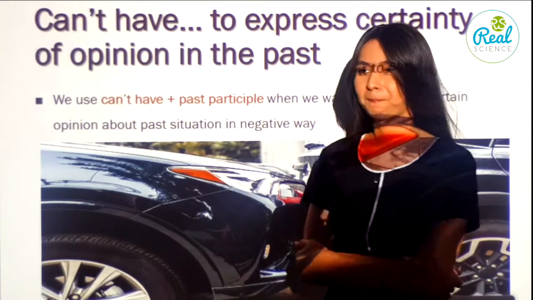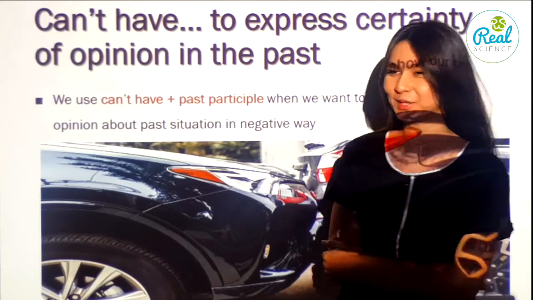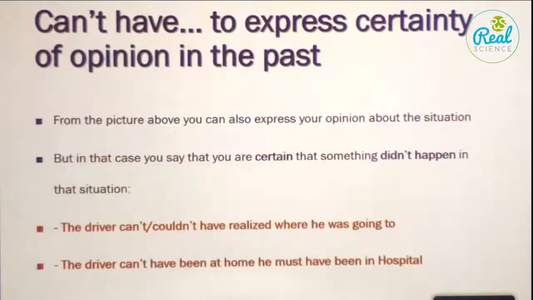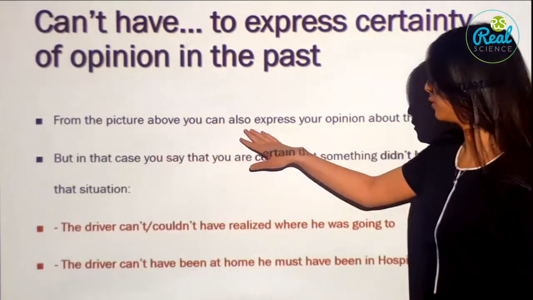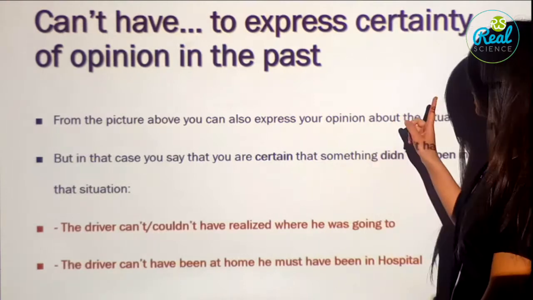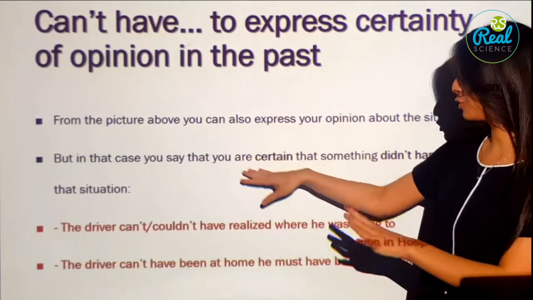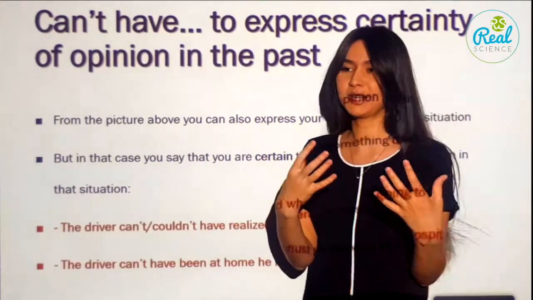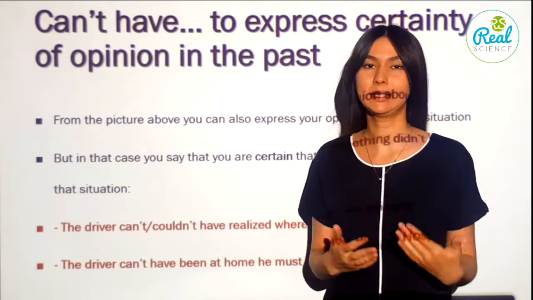He didn't die. Or miss out. Yes, good options. Good. So now let's summarize. So from the picture above, you can also express your opinion about the situation, but in that case, you say that you are certain that something didn't happen in that situation. So as you gave me examples, you are 100% sure, certain that something didn't happen.